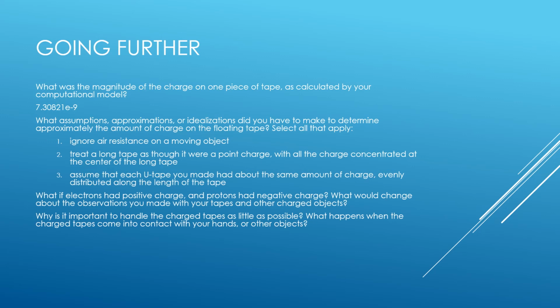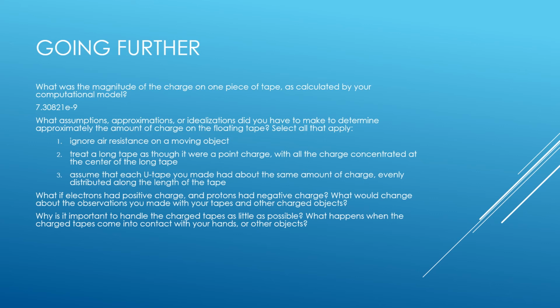Just to explain, I did have to ignore air resistance because in my room there is a lot of air coming out of my vents that could have interacted with the tape, making it another force on it, or interrupting how the bottom tape interacted with the top one.